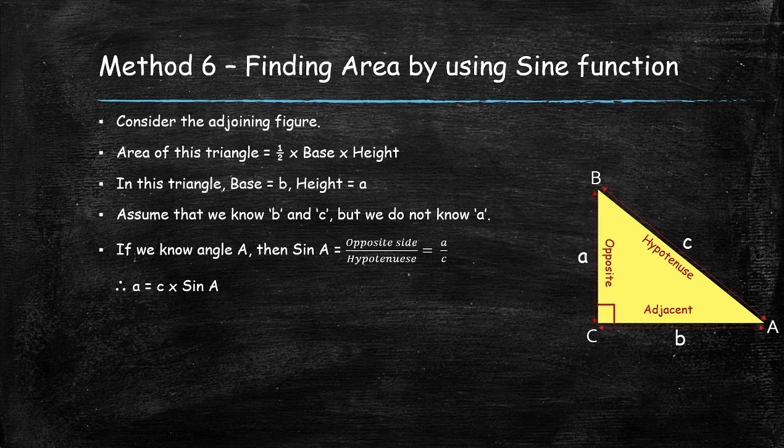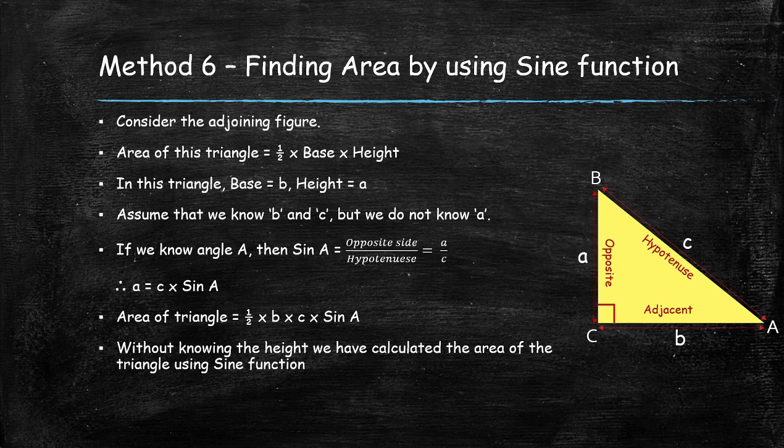If we transpose the c to the other side, a will be equal to c into sine A. So the height is basically c into sine A. As we know the height, the area of triangle is half into b into c into sine A. Without knowing the height, we have calculated the area of triangle using the sine function. We took the sine of angle A, then multiplied by c, b and half. So this is method 6.